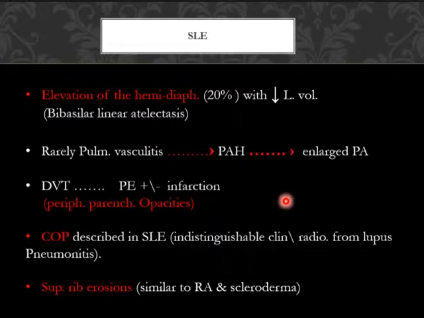Other manifestations of SLE are elevation of the hemidiaphragm due to myopathy, or pulmonary vasculitis, again with pulmonary arterial hypertension and enlarged pulmonary artery. Patients with SLE are prone to DVT with pulmonary embolism and infarction. COP, cryptogenic organizing pneumonia, may occur, and there is also superior rib erosion, similar to rheumatoid arthritis.